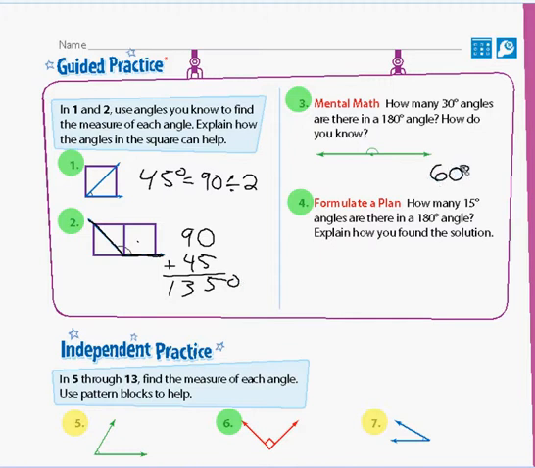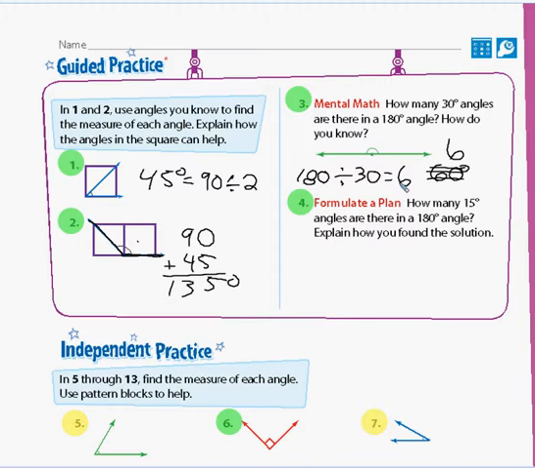It's going to go into it 6 times. We do it because 180 divided by 30 equals 6. So it will go into it 6 times.